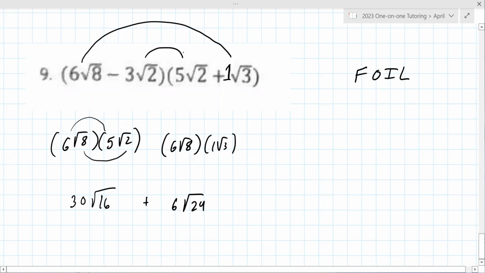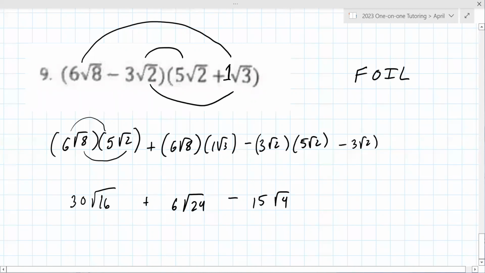The inner here is minus 3 square root of 2 times 5 square root of 2. What does that become? It'd be negative 15 square root of 4. Good. And then the last here, minus 3 square root of 2, 1 square root of 3. What does that become? It'd be negative 3 square root of 6. Very good.